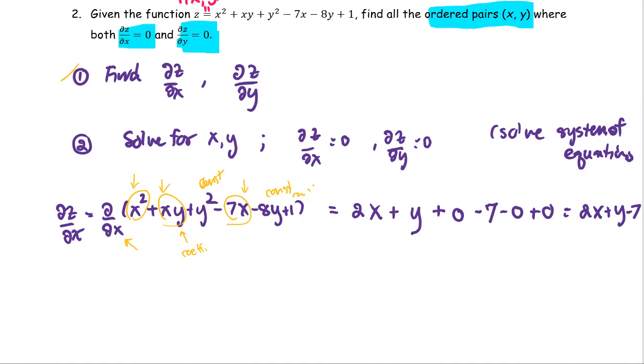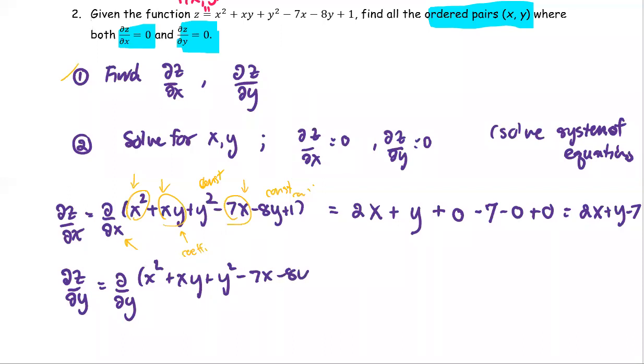Next, we find the partial derivative with respect to y of x squared plus xy plus y squared minus 7x minus 8y plus 1. This time we focus on y. Where is y? The y right here, the y right there, the y right here. We treat x as the constant, so this is the constant term, and this is a constant coefficient.